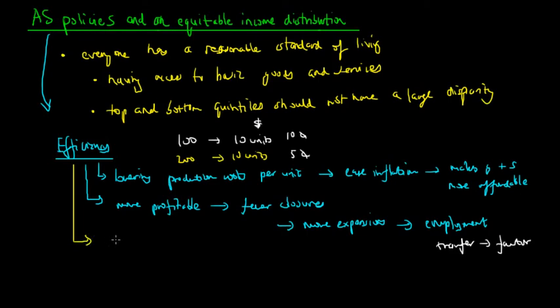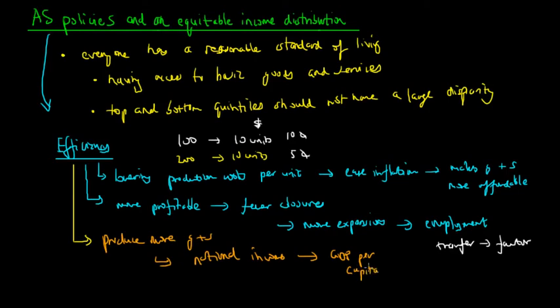Okay, so the third channel is that increased efficiency helps the nation produce more goods and services. And as we produce more goods and services, this increases national income, and in turn that would increase GDP per capita, or income per capita.